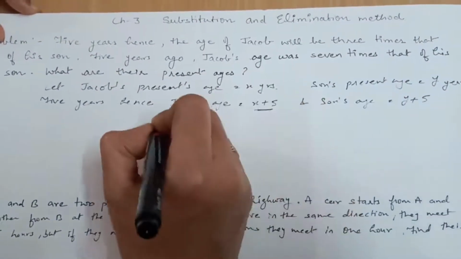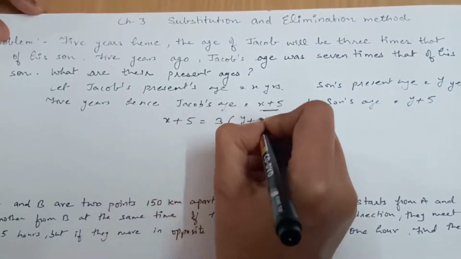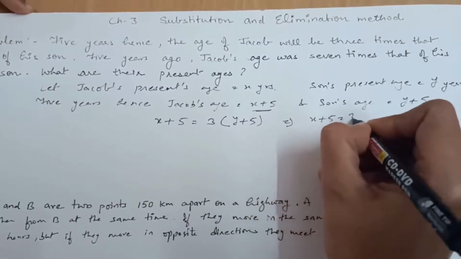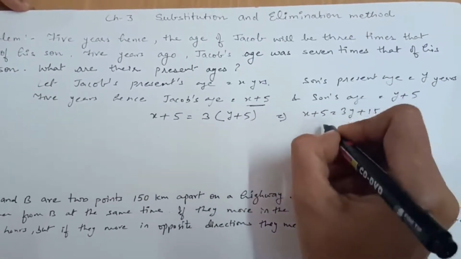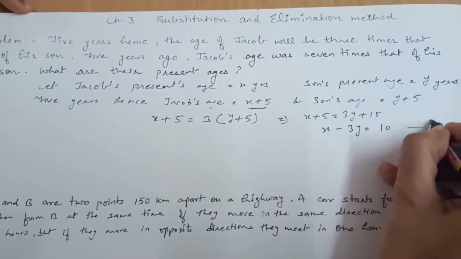So Jacob's age will be 3 times the son's age, y plus 5. x plus 5 equals 3 into y plus 5. 3 fives are 15, so it will be x minus 3y equals 15 minus 5, 10. This is your first equation.